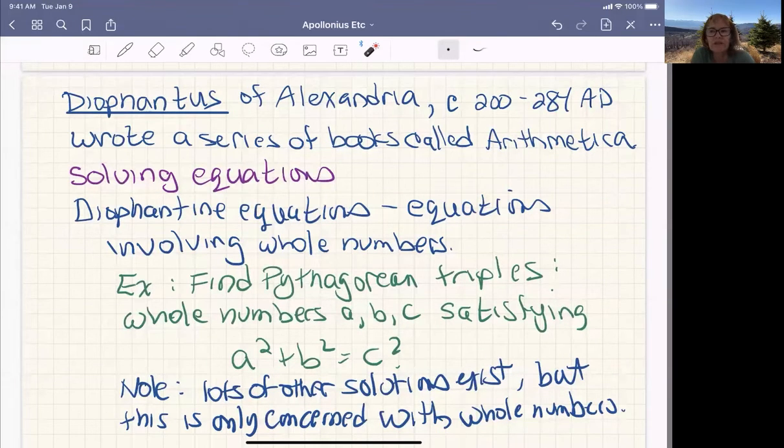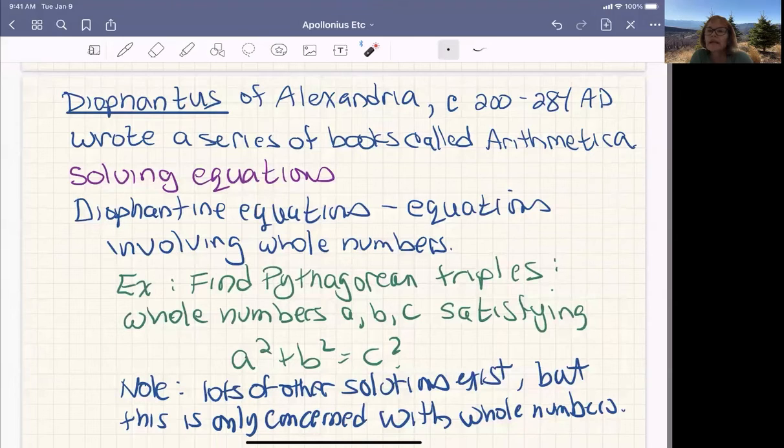And these books are about solving equations, although remember that, again, they weren't using the kind of algebraic notation that we use today. Now, some of the equations that he solved, today we call Diophantine equations, named after him.